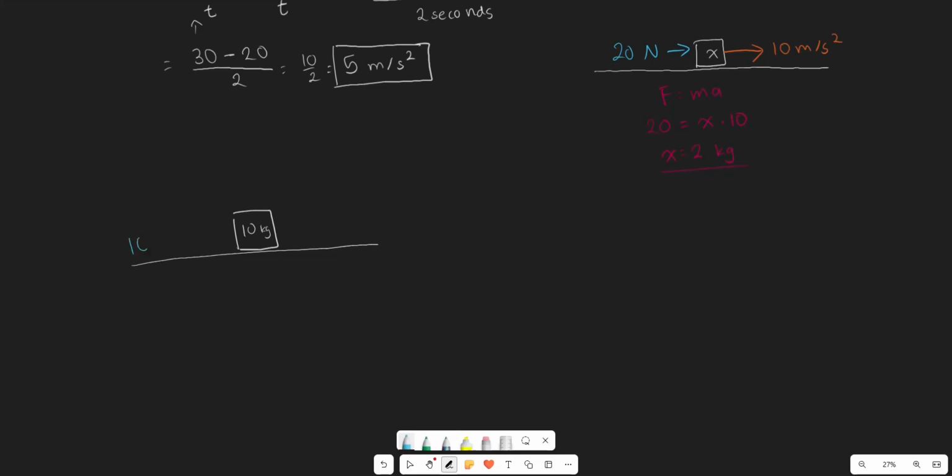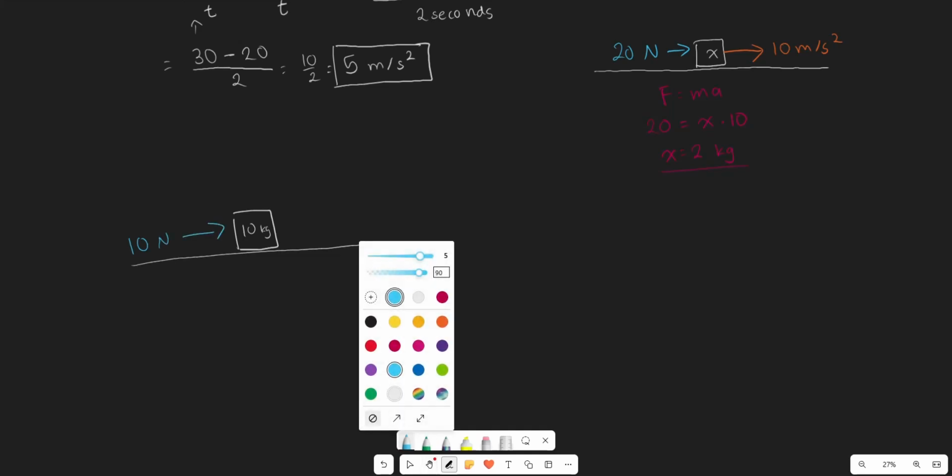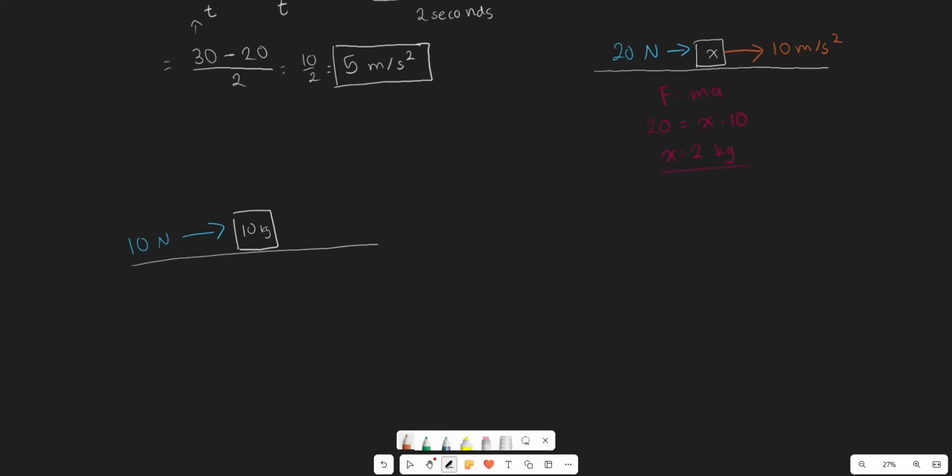So 10 newtons. And we need to find the acceleration that the object produces. And we're going to denote that as x meters per second squared.